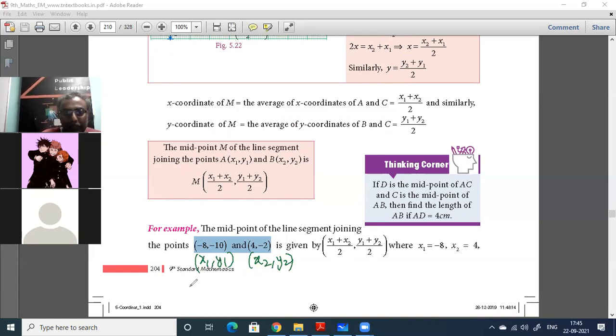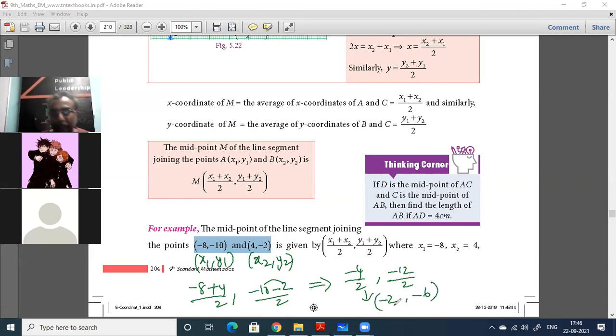That means (-8 plus 4) by 2 comma (-10 -2) by 2. -8 plus 4 is -4, by 2. -10 and -2 is -12 by 2. -4 by 2 is -2. -12 by 2 is -6. So your answer is (-2, -6), the midpoint.